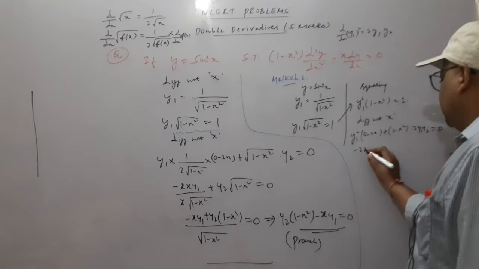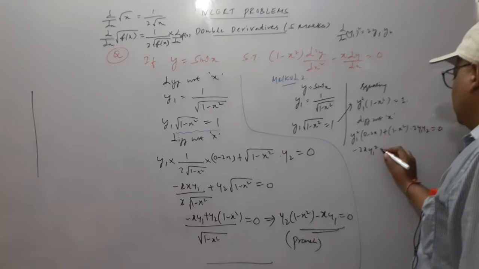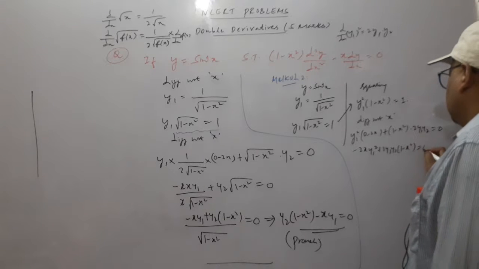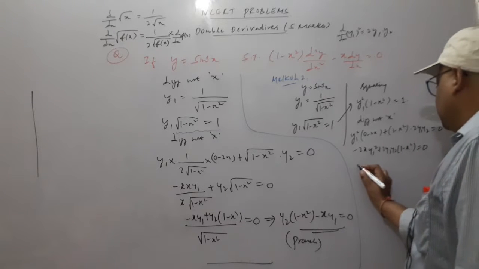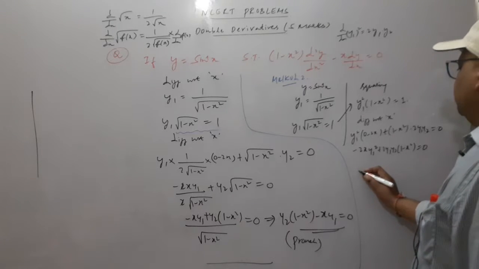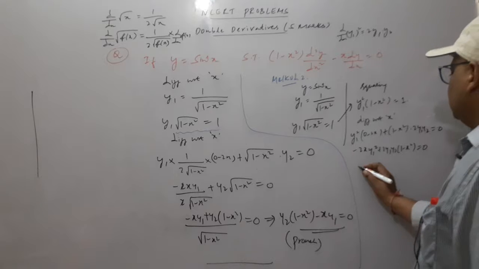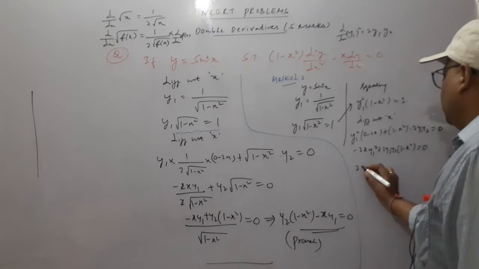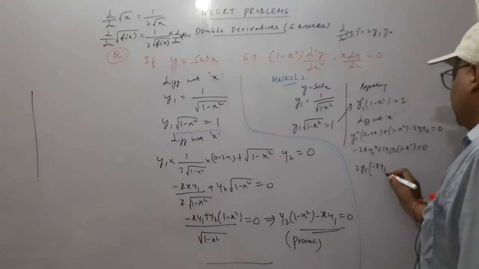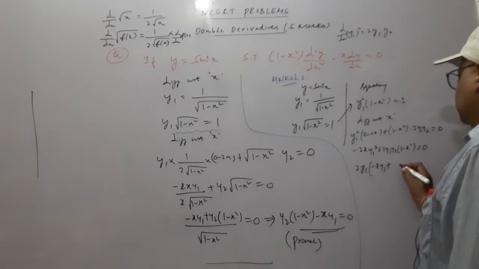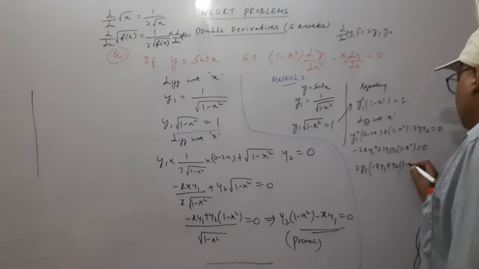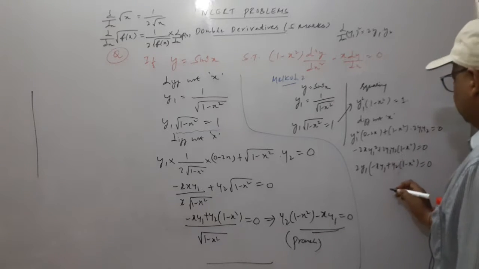So minus 2x y1 square plus 2y1 y2 into 1 minus x square is equal to 0. We can take 2 common. Also we can take y1 common. So this will give me minus x y1 plus y2 into 1 minus x square is equal to 0.